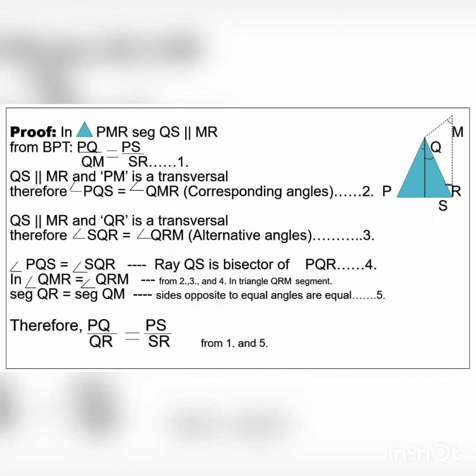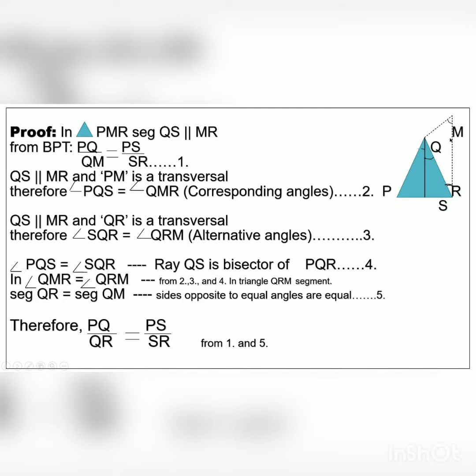Now you have to prove our theorem. In the figure, after construction, drawing segment MR and segment QM, you get triangle PMR.